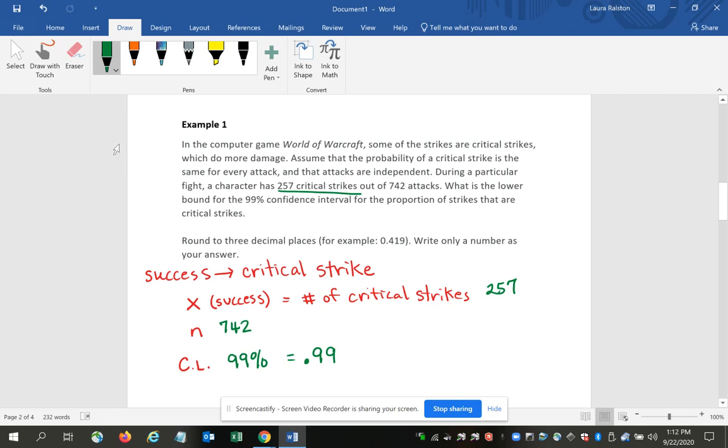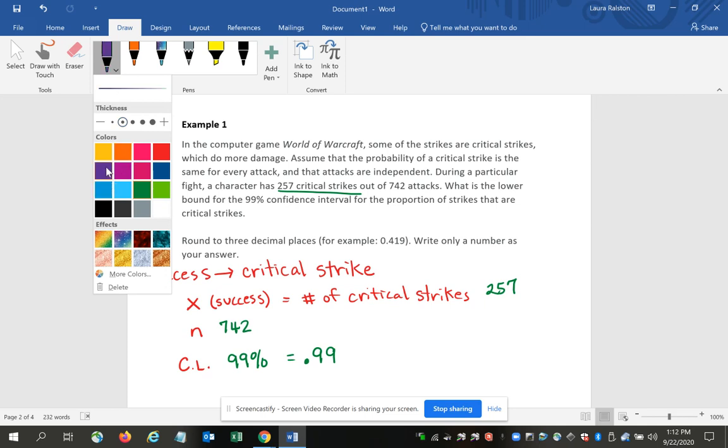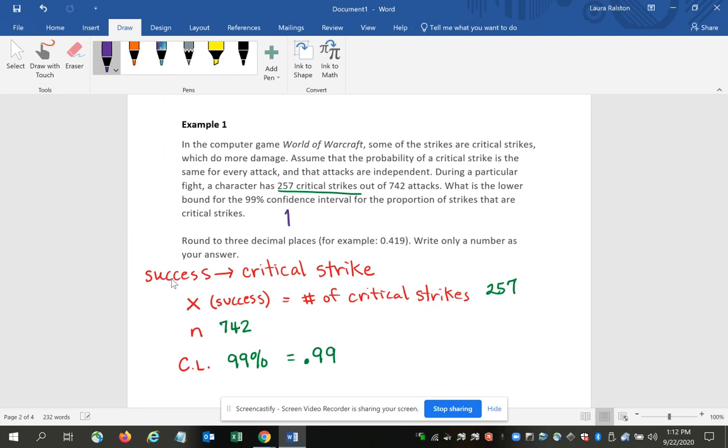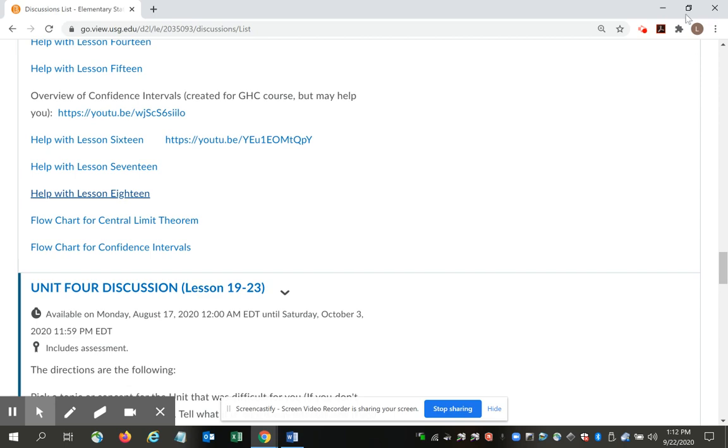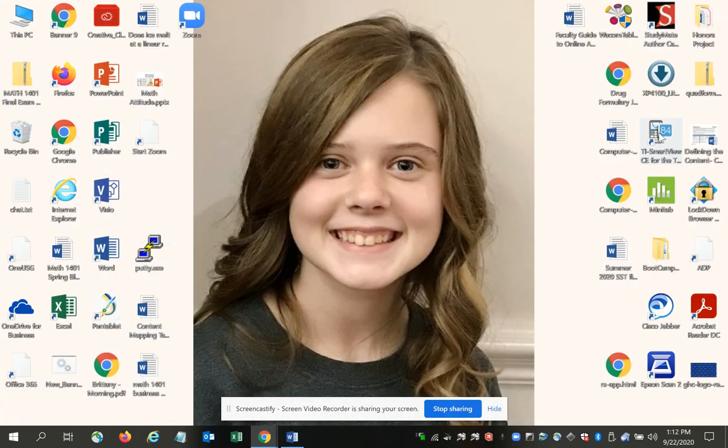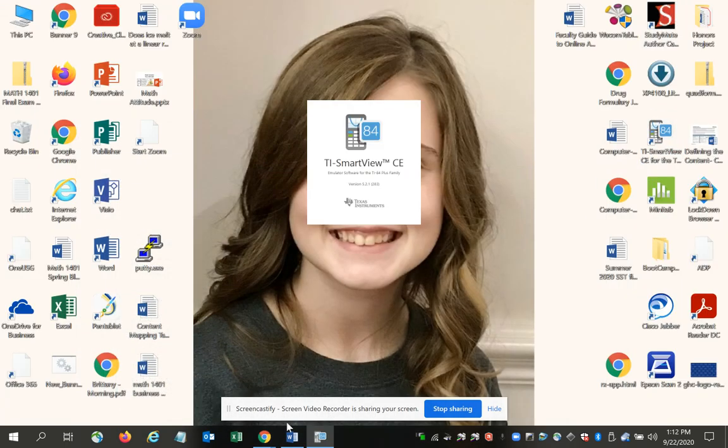Now, once I've obtained all of that information, I can plug into my calculator. We use the command 1-PropZInt, which stands for one proportion z interval. It's a different command from what we had earlier because we're dealing with a proportion. Let me get my calculator pulled up, which I think got closed down, so it'll take just a minute to come up.